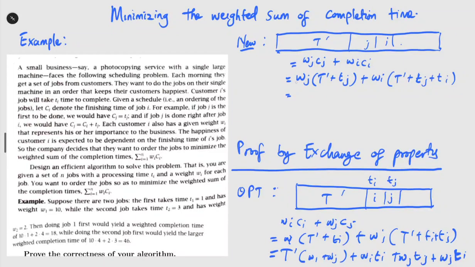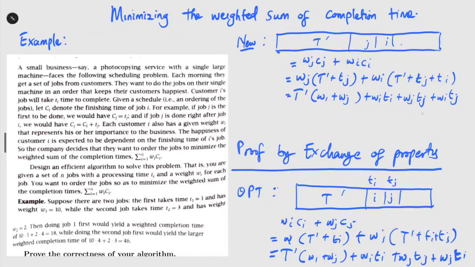And when we open our brackets and refactor, we would have T prime (WI plus WJ) plus WITI plus WJTJ plus WITJ. How are these two really different?